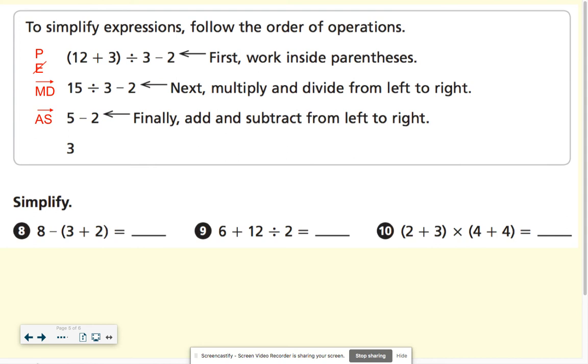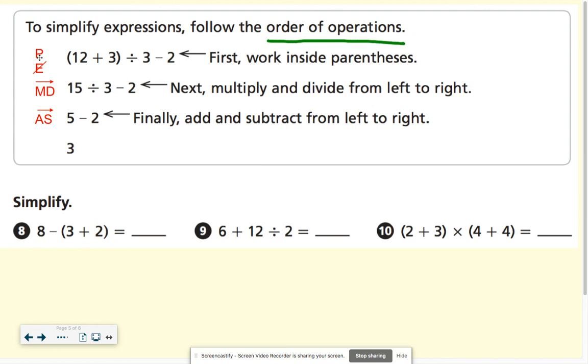In order to simplify, once we have all of our known information, we have to follow a very set path. This is the path that was called "Please excuse my dear Aunt Sally" to your parents, also known as order of operations. So we are working on order of operations in this lesson.